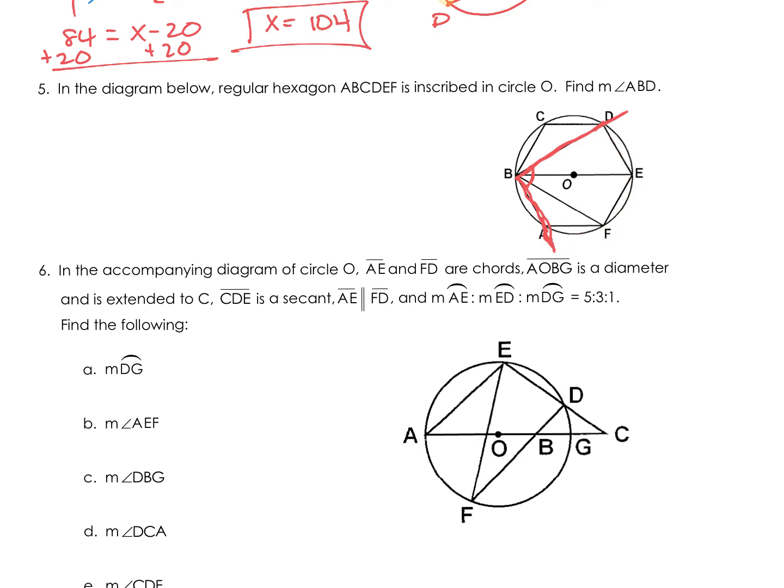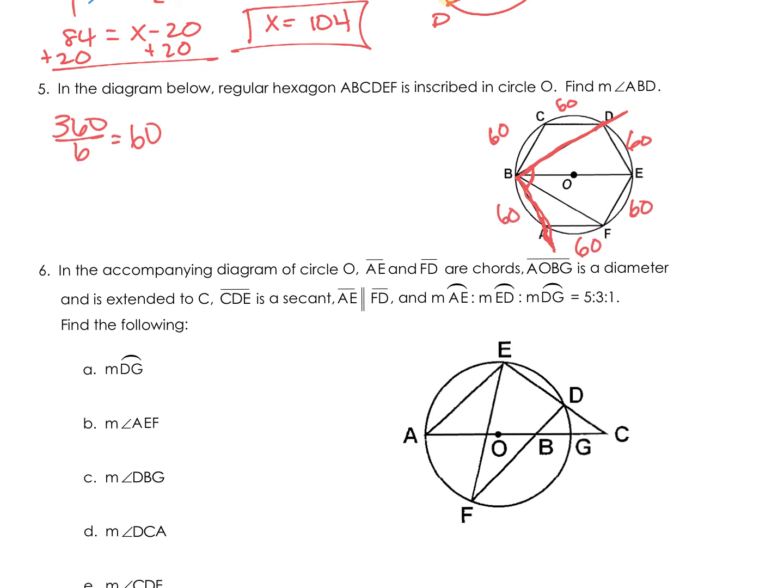But wait a minute, there's no numbers on the picture. But if you actually look, the circle's being broken up into 6 equal pieces. So if I take 360 and divide by 6, I will get 60. That means each of these are 60.